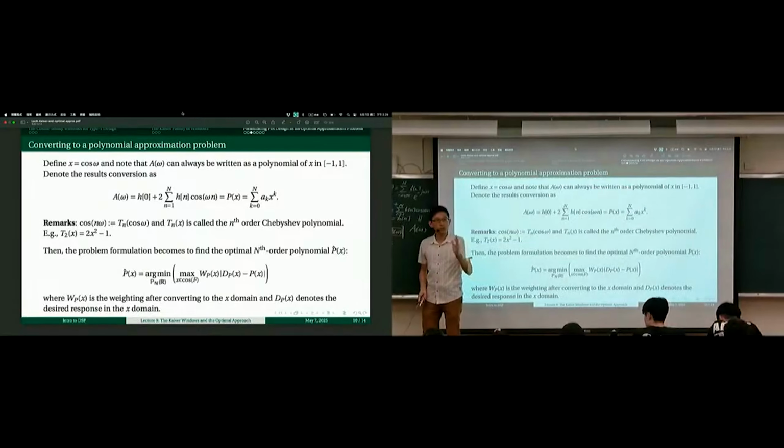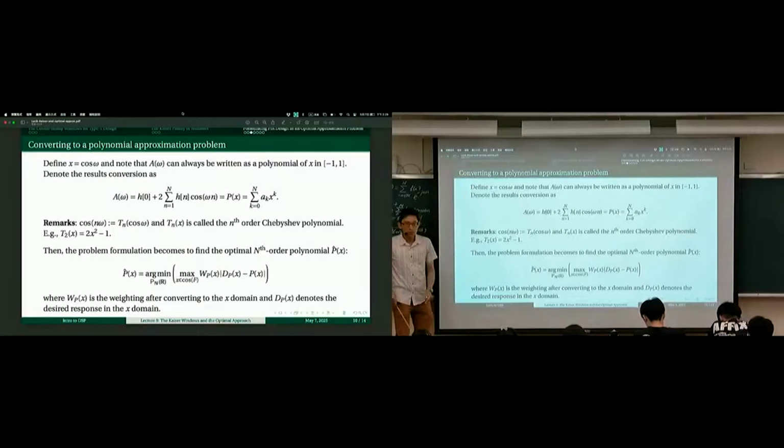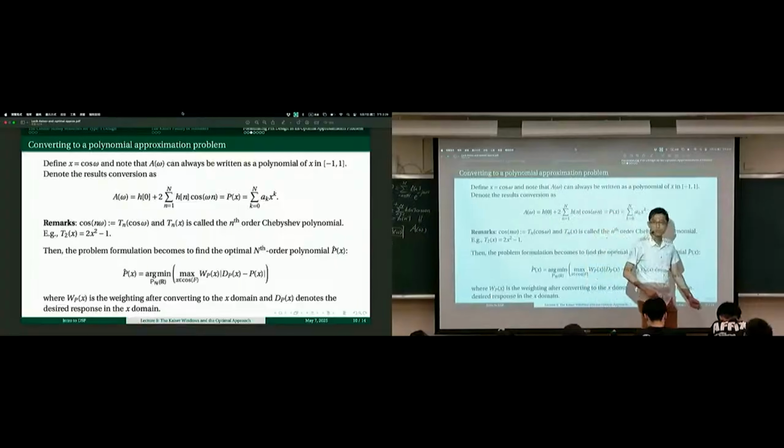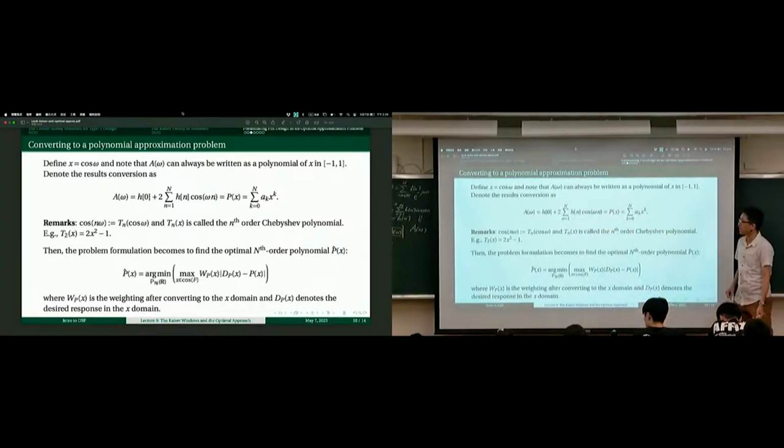All you can design is H0, H1, all the way to H8, and the negative time has a symmetry, right? So you need to find just 9 numbers in this example. If our filter length is 16, all you need to do is find 9 numbers wisely.